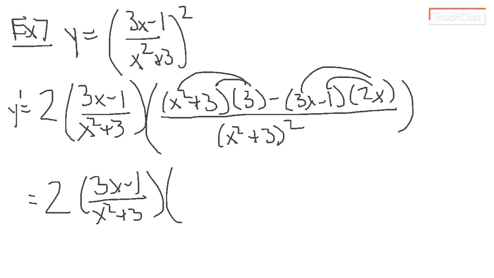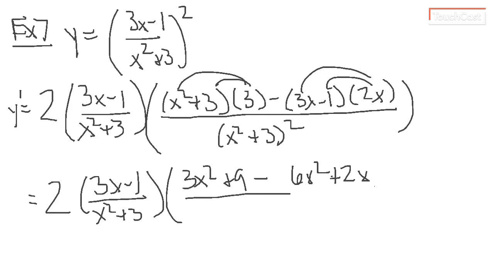So I'm going to have 3x squared plus 9 minus 6x squared minus 2x, which if I distribute the negative that's in front of that, I'm really just changing signs then. So I'm going to ditch off my parentheses and change the minus between the 6x squared and the 2x to a plus. And that's all over x squared plus 3 squared.